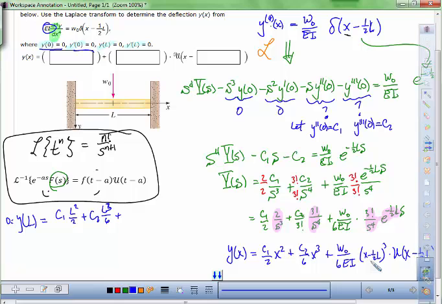Plus, see, we put L in here. L minus 1/2 L is 1/2 L, right? To the 3rd power. Oh, times all that stuff.